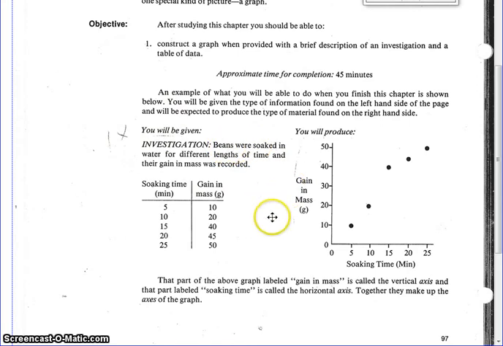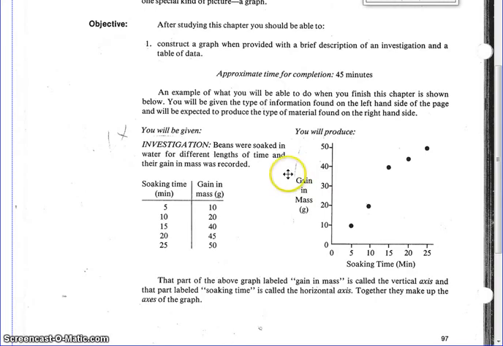Beans were soaked in water for different lengths of time, and their gains in mass were recorded. You will have to determine if soaking time is your independent variable or gain in mass is your independent variable. Then you'll correctly put them on the x and the y-axis. Then you'll have to correctly put the points on there, so run and jump, and you'll be able to make your graph.